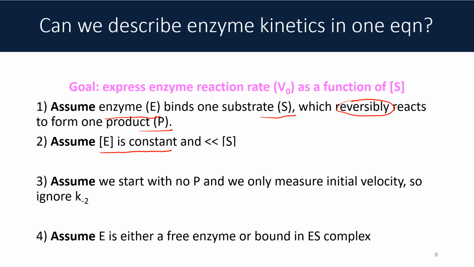We will also assume that we added in a vast excess of substrate relative to the concentration of enzyme, like 1 enzyme for every million substrate molecules, so that after we watch this reaction for like an hour, let's say, we will not have depleted our substrate by a significant percentage.